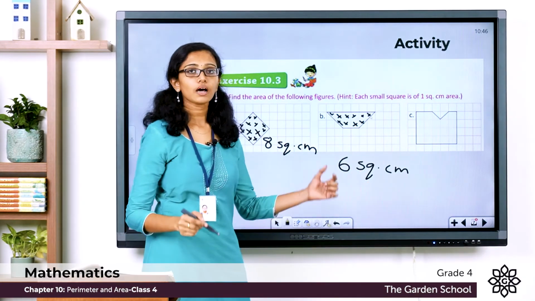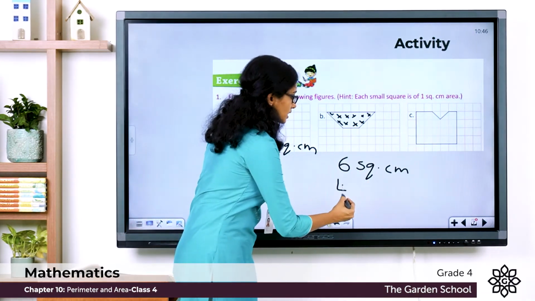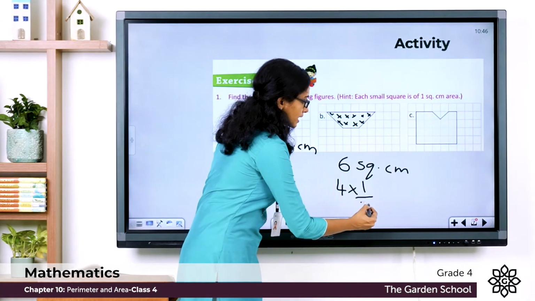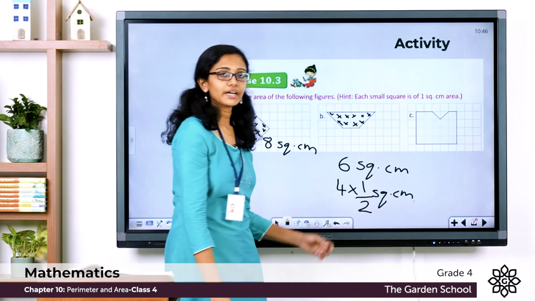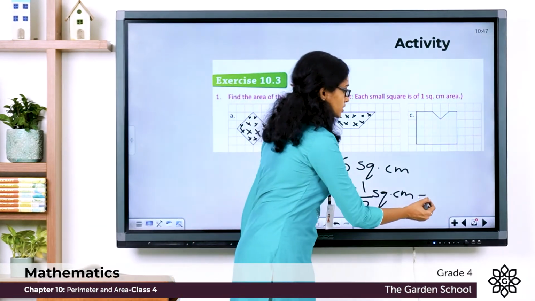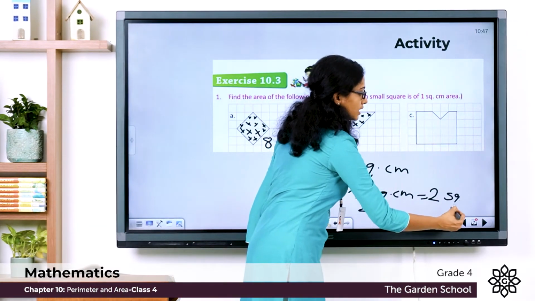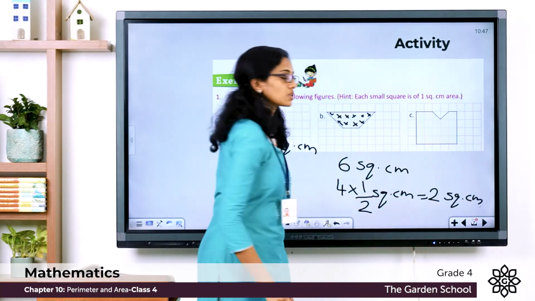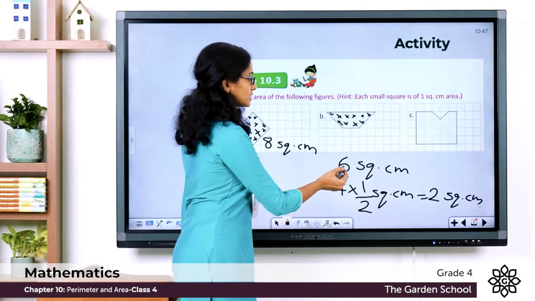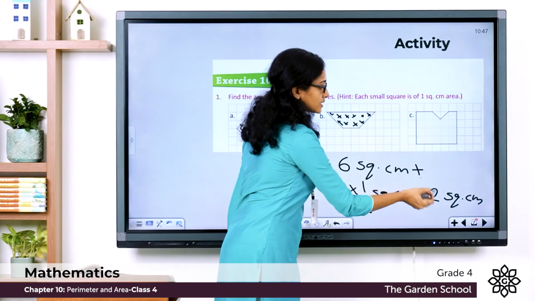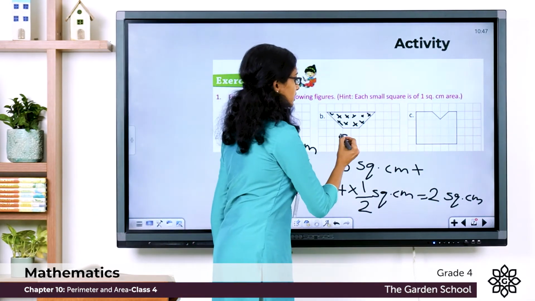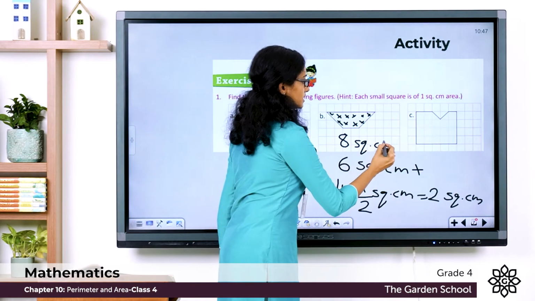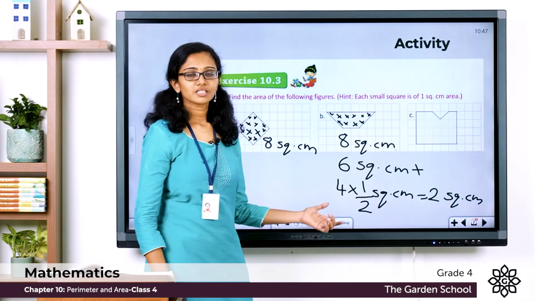There are 4 half squares, which means 4 half squares will cover an area of 4 into 1 by 2 square centimeter, which is equal to 2 square centimeter. So what is the total area of this figure? It is 6 square centimeter plus 2 square centimeter, which is equal to 8 square centimeter. Hope this is clear to you.